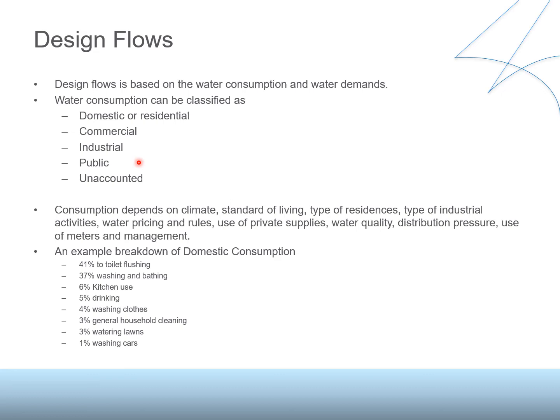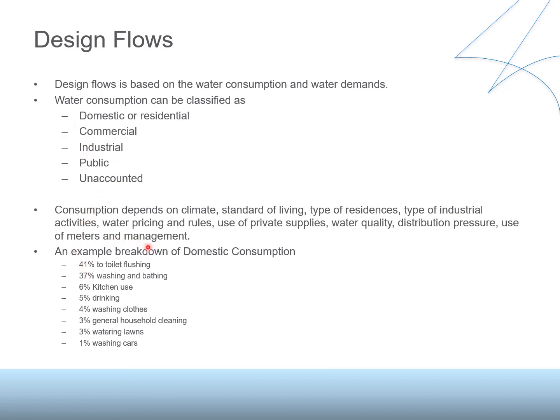Which is very complex. But we need that information. Otherwise, we can't predict what the design flow is going to be. We cannot come up with some figures. So somehow we need to come up with that design demand for the future population.